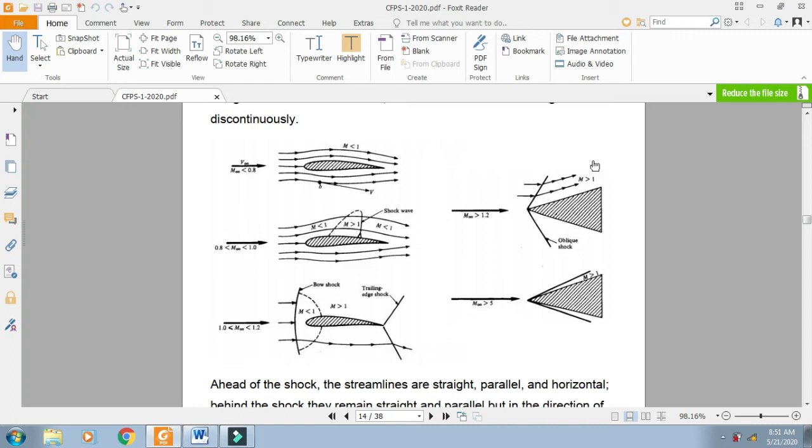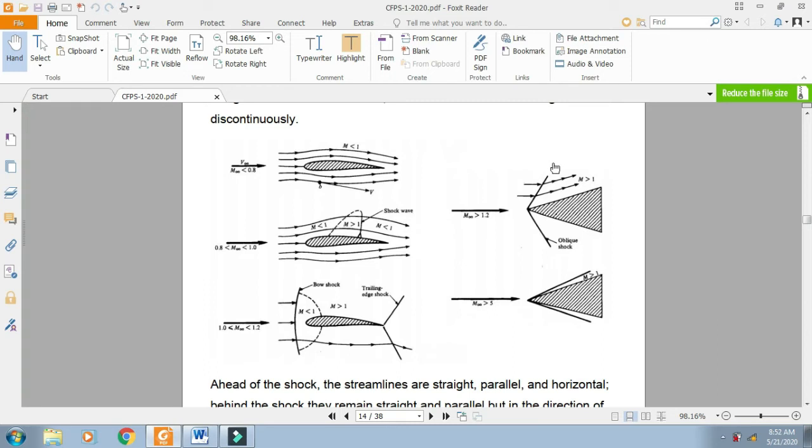As we have discussed previously, supersonic flow does not know in advance about downstream objects. So the flow directly hits the wedge type element, and there is a sudden deceleration, and that deceleration is through an oblique shock.